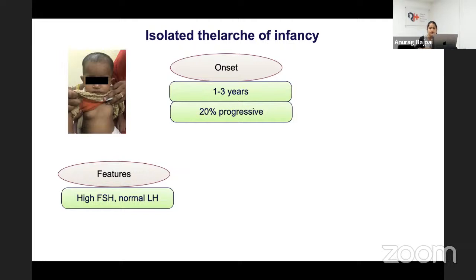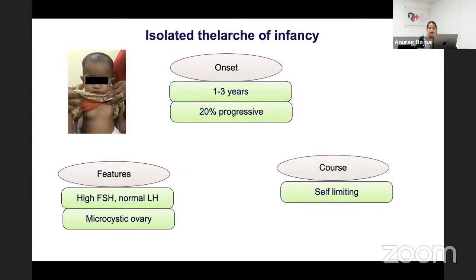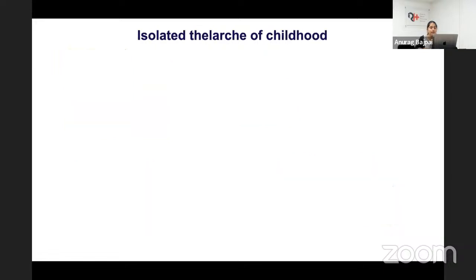So we should not be worried about high FSH. On the USG, we get microcystic ovaries, which are due to the high level of FSH, and they are generally self-limited. We have to reassure the parents that they will regress by 5 years of age. We should follow up the patient annually or two-yearly, and after the age of 5 years, they do not need any follow-up.